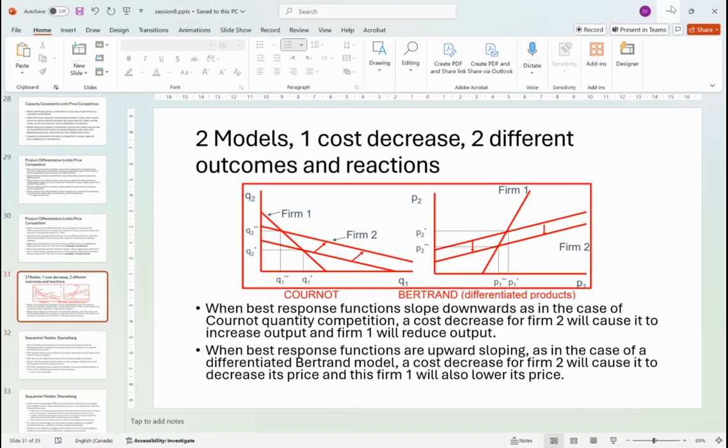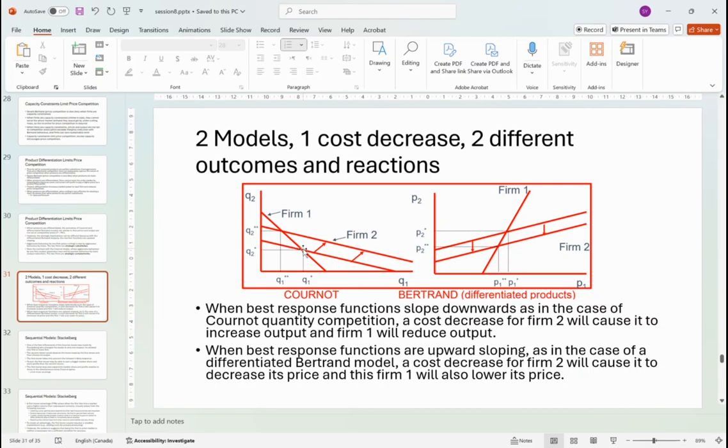So these two graphs are comparing the outcome and the best response functions under the Cournot model and the Bertrand model when the products are differentiated. The one on the left is the Cournot equilibrium. Let's assume this is the best response function of firm 1 and this is the best response function of firm 2, right?